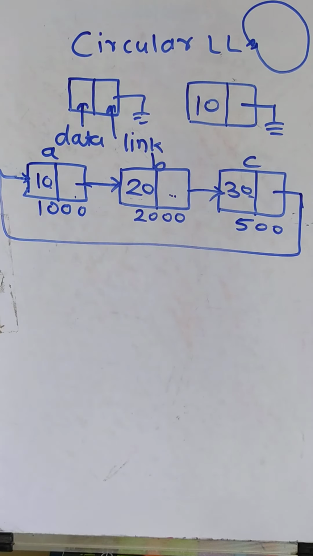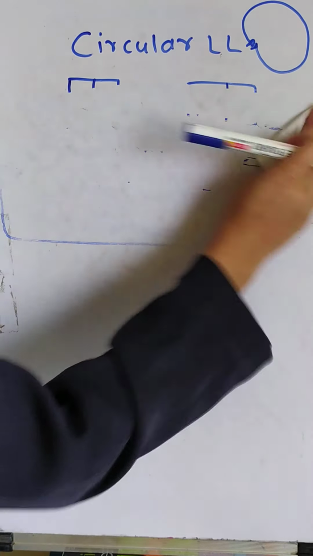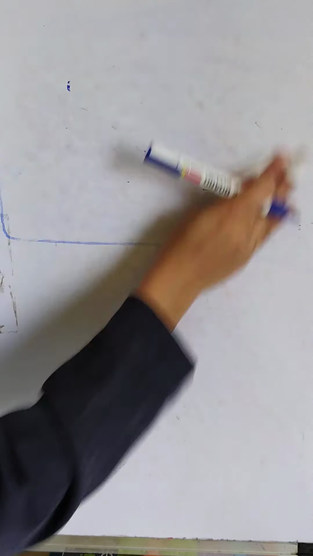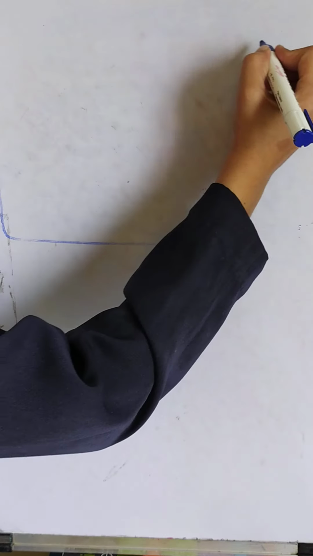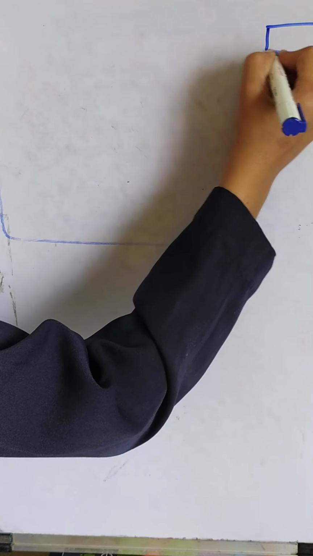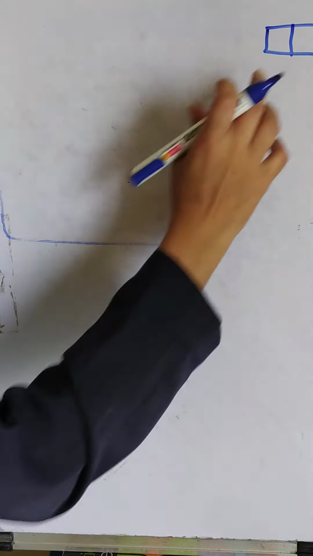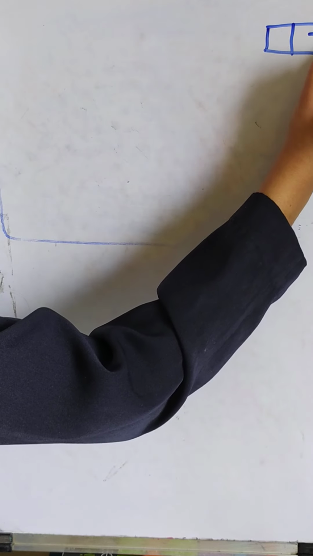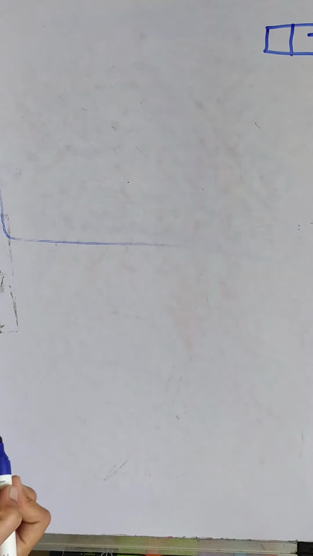Okay, then how to create this? We will see the coding for how to create this linked list. We want a circular linked list, so the first requirement is we need this type of node.